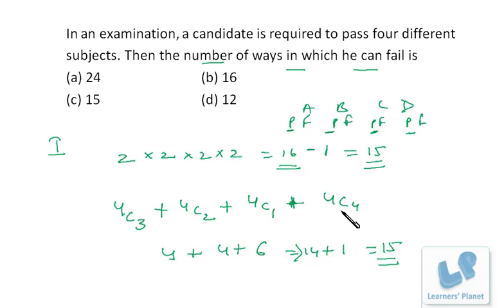So he fails in all 4 subjects, or in 1 subject, or in 2 subjects, or in 3 subjects. These are the cases that we have taken over here. So 15 is the answer in this case and in this case. You can go for any method. It depends upon which you are comfortable with.